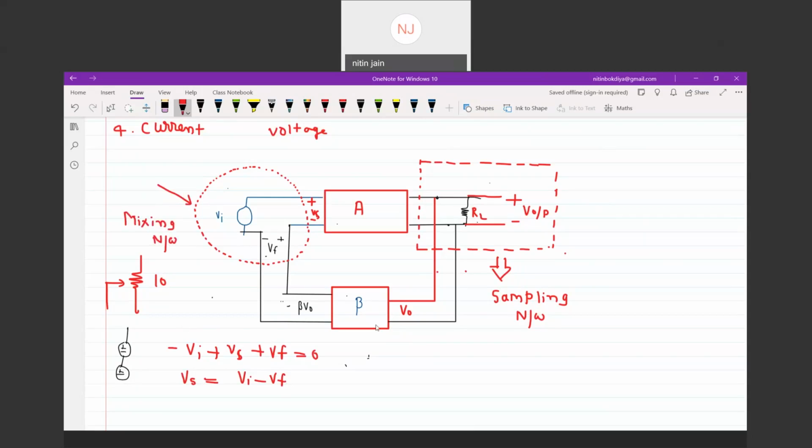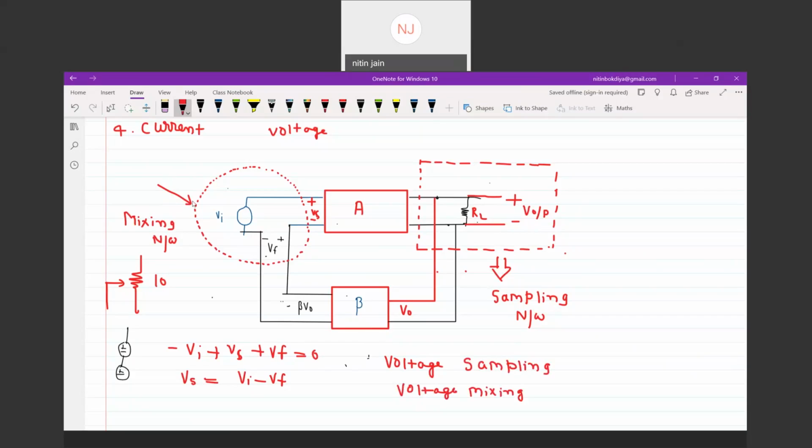So what is the name of this topology? The name of this topology is voltage sampling, voltage mixing. And how do you write it?